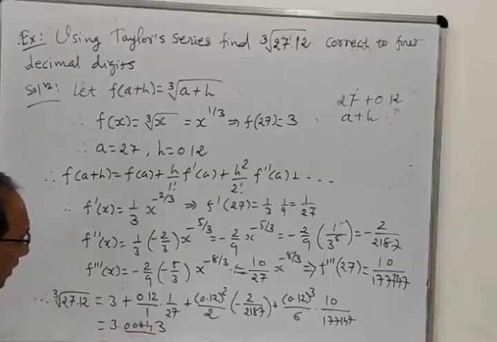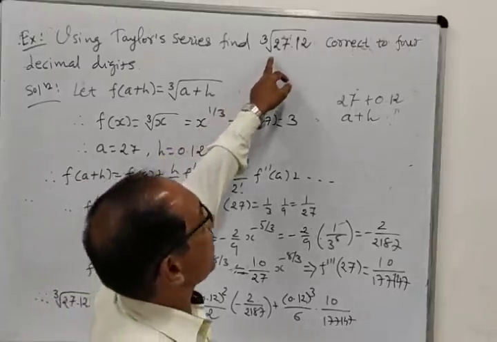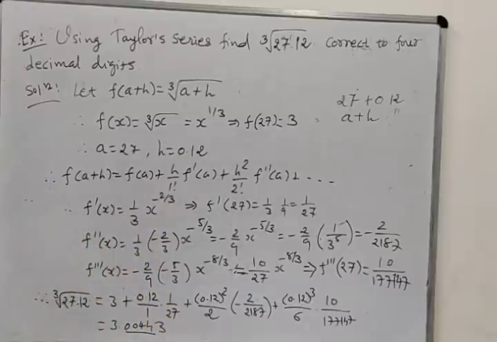So these are the 4 decimal digits and you can see this is the answer. We have obtained it correct up to 4 decimal digits, and you can also verify the same answer using your calculator, because there is also a cube root function in your calculator. You can match. Approximately it should be near to this one.